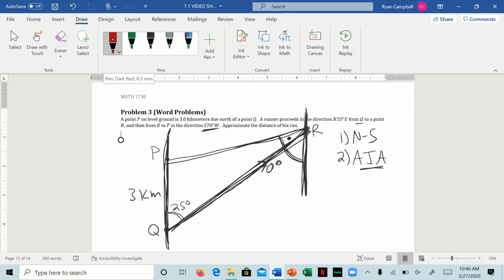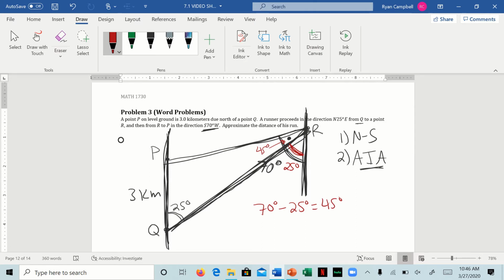So this is on the alternating interior. So that's this angle right here, the small one. This little angle is 25 degrees. Which means, what's this small angle going to be? Just the whole one, 70 minus 25, which is 45. So this little angle is 45 degrees.